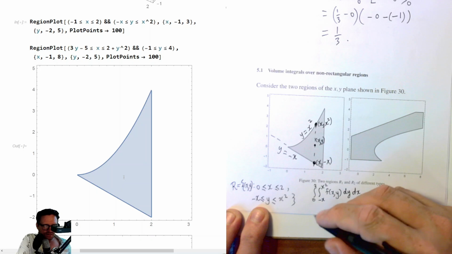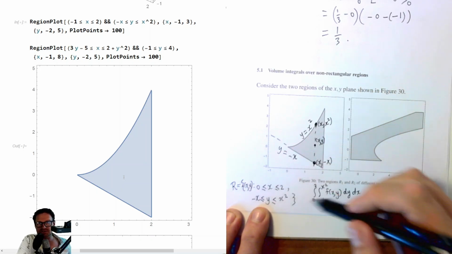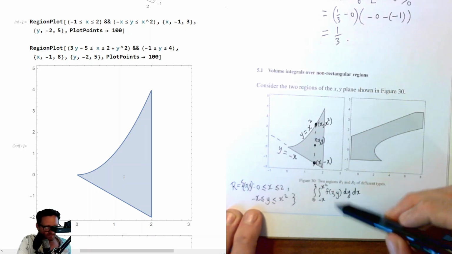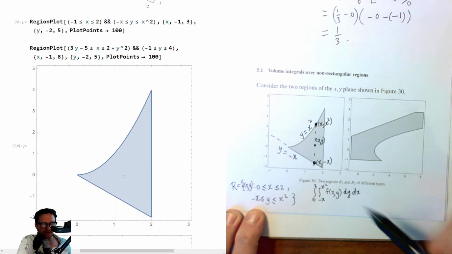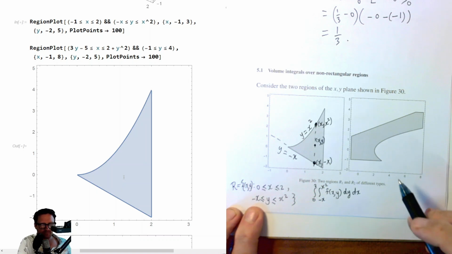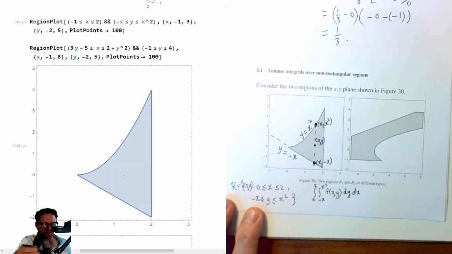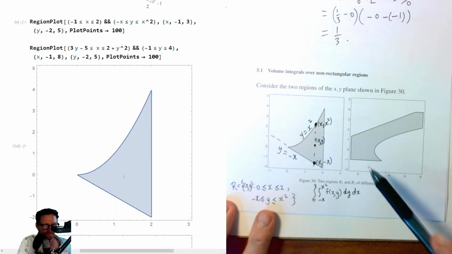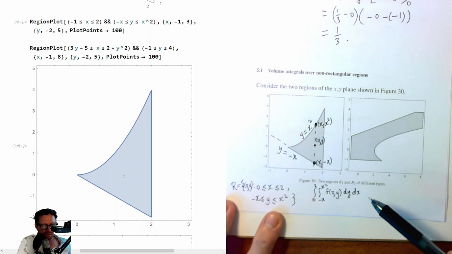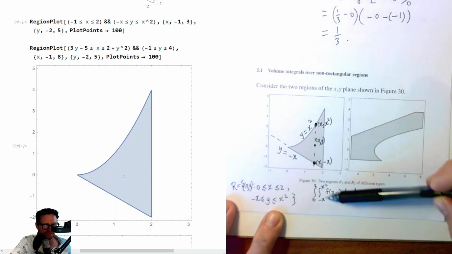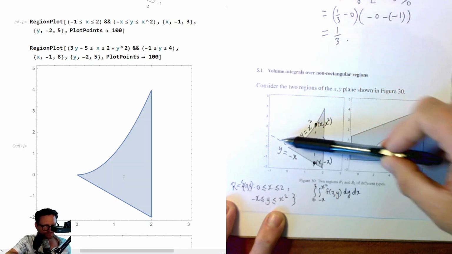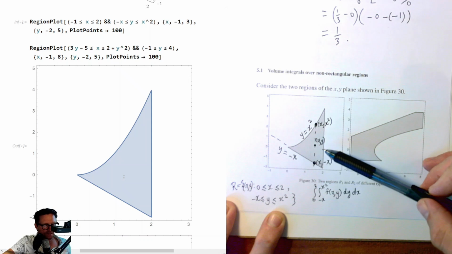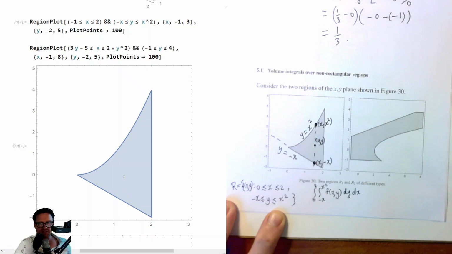So the x goes with the x being between 0 and 2, and the y goes with the y being between minus x and x squared. Now you can swap this around, but you have to think about it differently. If you swap the order of integration here, then it would be x going between a function and a function, and y between a constant and a constant.